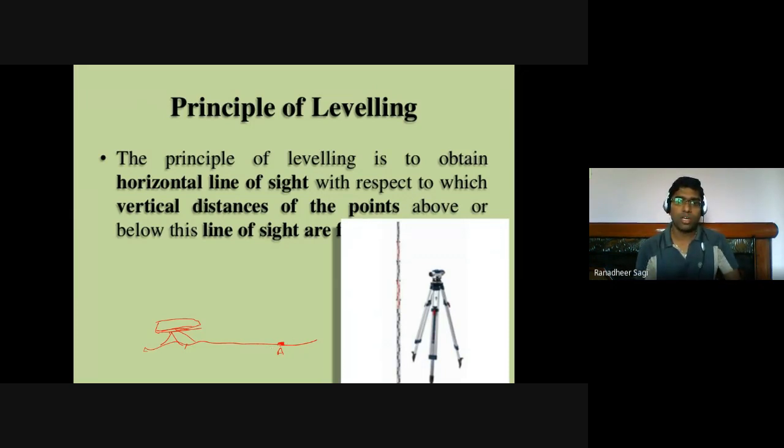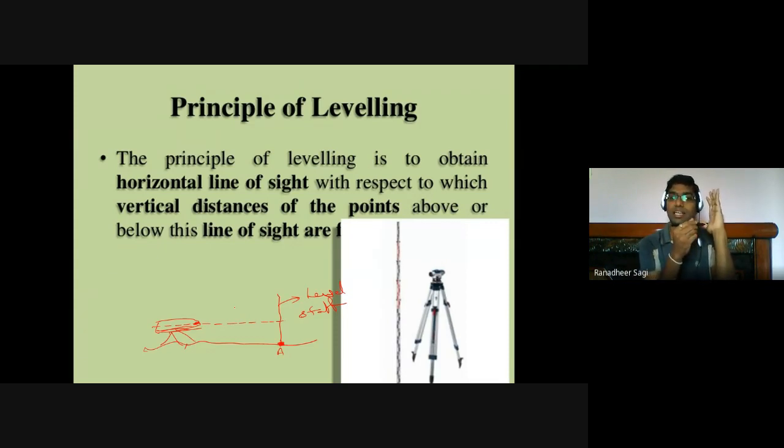Okay, so if I want to determine the elevation of this particular point A, what we try to do is place a vertical staff, which we call a level staff. On that level staff we'll have some readings. Once I set my leveling instrument, we are going to have a horizontal line of sight bisecting the leveling staff, and you'll have some reading on it.